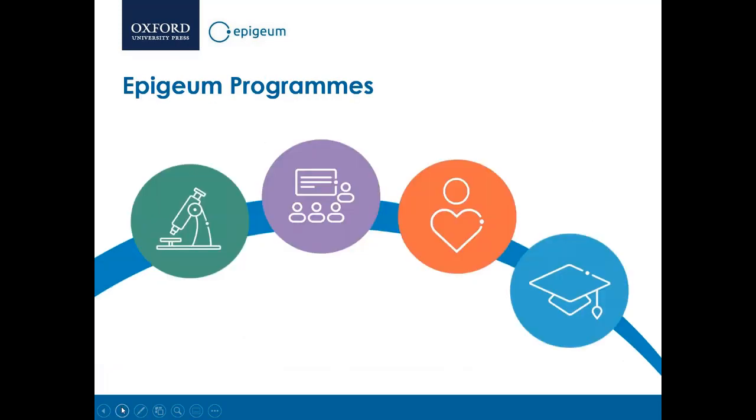All our courses draw on evidence-based learning design, cutting-edge technology, and comprehensive subject knowledge to deliver training of the highest quality, anytime, anywhere, across 4 key areas: research, teaching and development, support and well-being, and studying. And today we're discussing 2 courses which sit within our studying and our teaching and development areas.